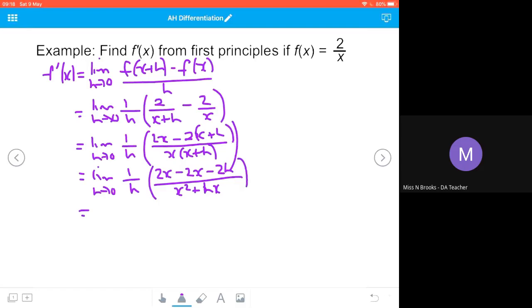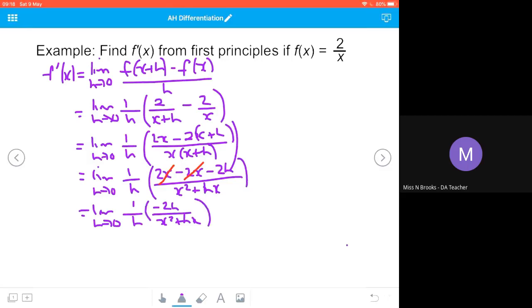And if I go back up here, 2x take away 2x becomes 0, so I'm going to end up with minus 2h over x squared plus hx.